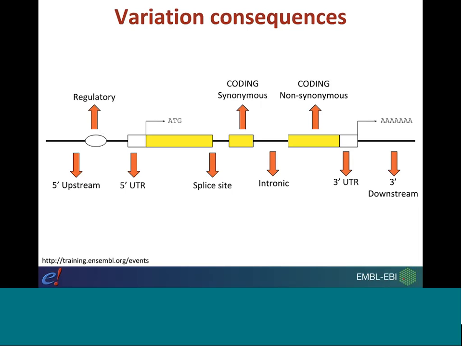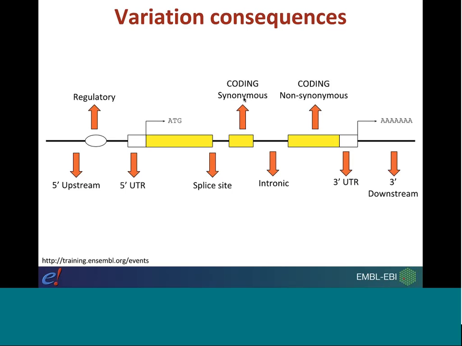We have two types of variants that fall within the coding region. These can be either synonymous variants, and these are variants that do not change the protein sequence. We know that the triplet code of the genome is degenerate, so more than one triplet codon can encode a single amino acid.